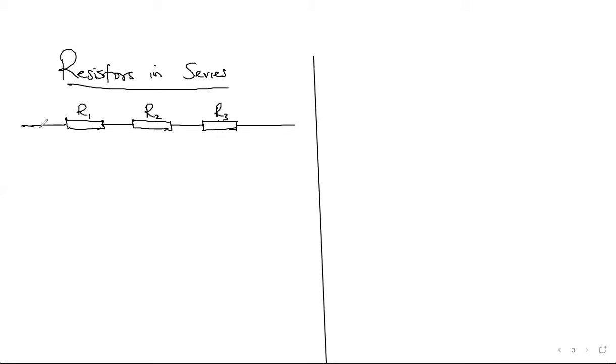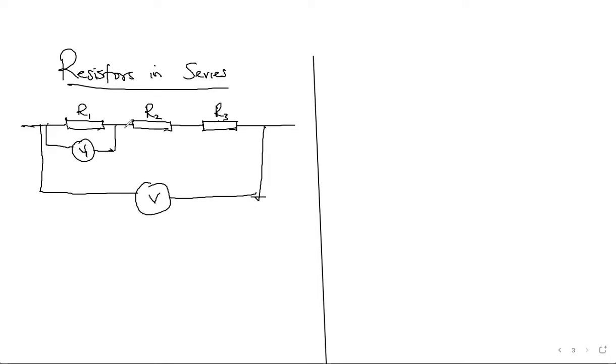So there are certain things you need to know. This is the voltmeter that measures the overall voltage. And there's a voltmeter that measures the voltage across this one, V1. And there's another voltmeter that measures the voltage across this one, V2. And there's another one that measures the voltage across this one, V3. Okay.